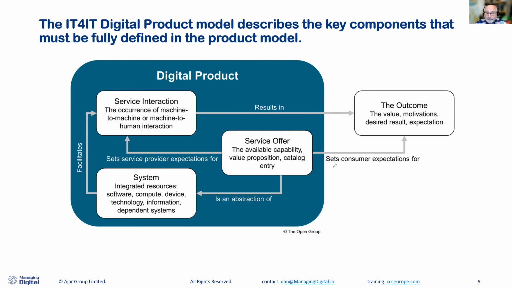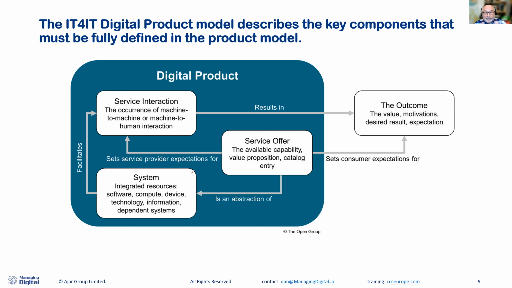The service offer is short and explains the things about the service or the product that are visible to the consumer. But we also have to design a system that has everything that we need, all of the technology resources that are necessary to support that. And John's going to talk about how that plays out in a CSDM model.